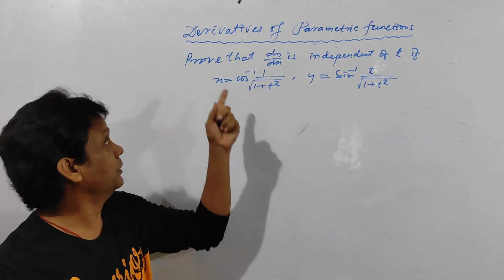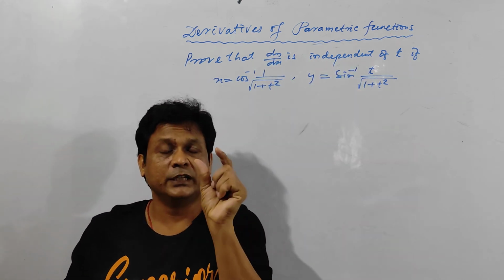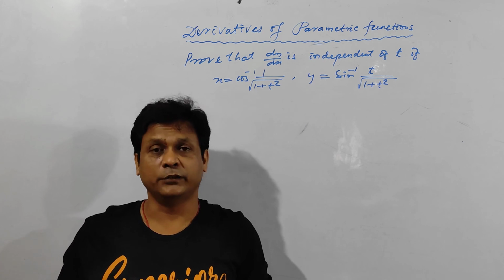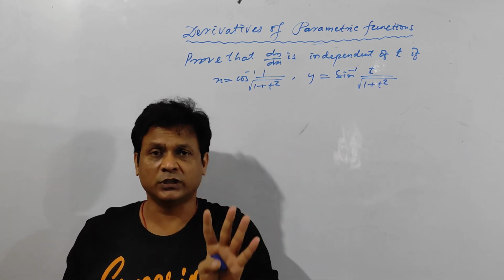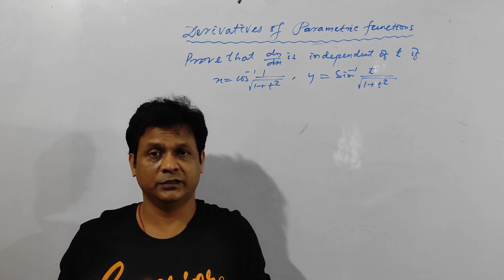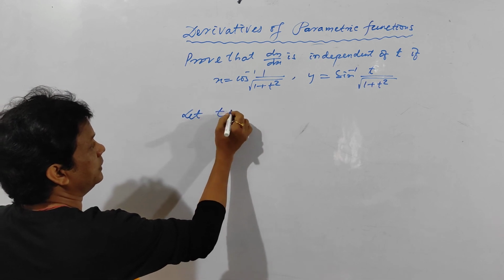See here this question. You want to prove that dy by dx is independent of t. That means in the derivative of y with respect to x, there will be no terms containing t. Clear? See here. Let t is equal to tan theta.